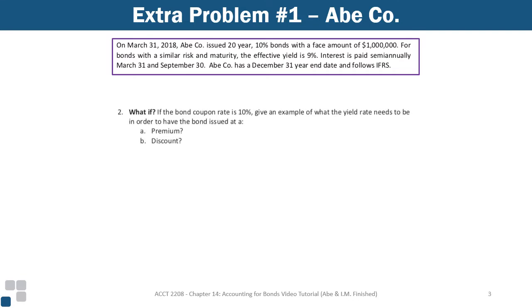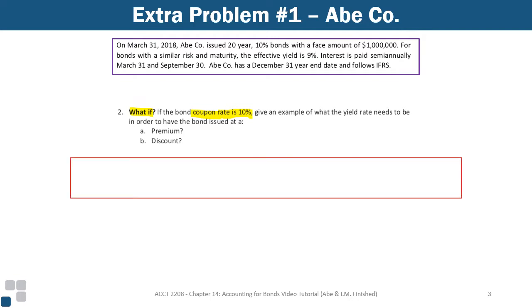So now, what if the coupon rate is 10%? Give an example of the yield rate that needs to be in order to have either A, a premium, or B, a discount. So in order to have a premium, the market rate of interest must be less than 10%. So in order to get a premium, the yield must be less than 10%.